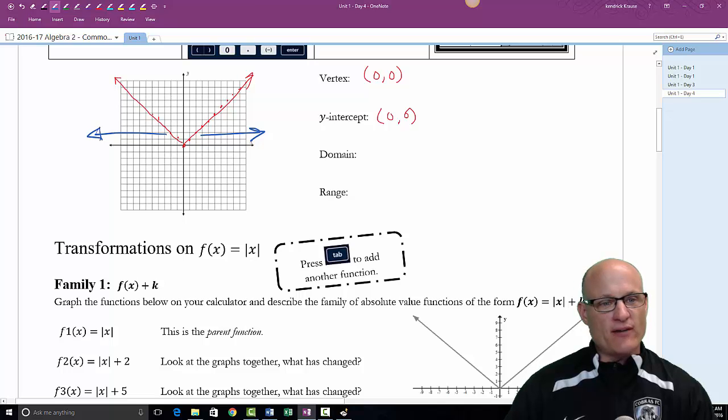And since we go on forever and ever in this direction, and on forever and ever in the right direction, my domain is (-infinity, +infinity). Remember, anytime you write infinity, it has to have a parentheses on it. Y values are the lowest Y value and all the Y values that are used. Well, we're starting at 0 and going forever and ever and up. So the range here would be [0, positive infinity).